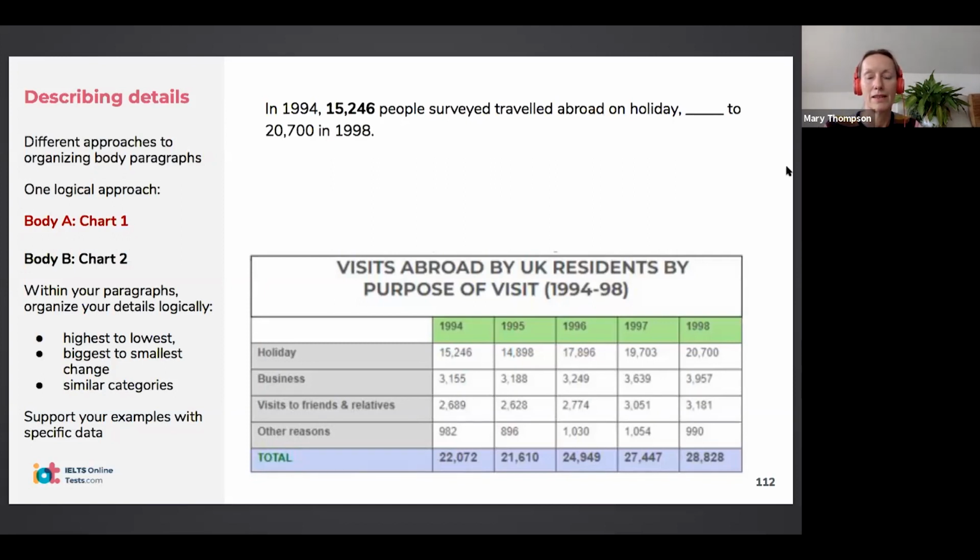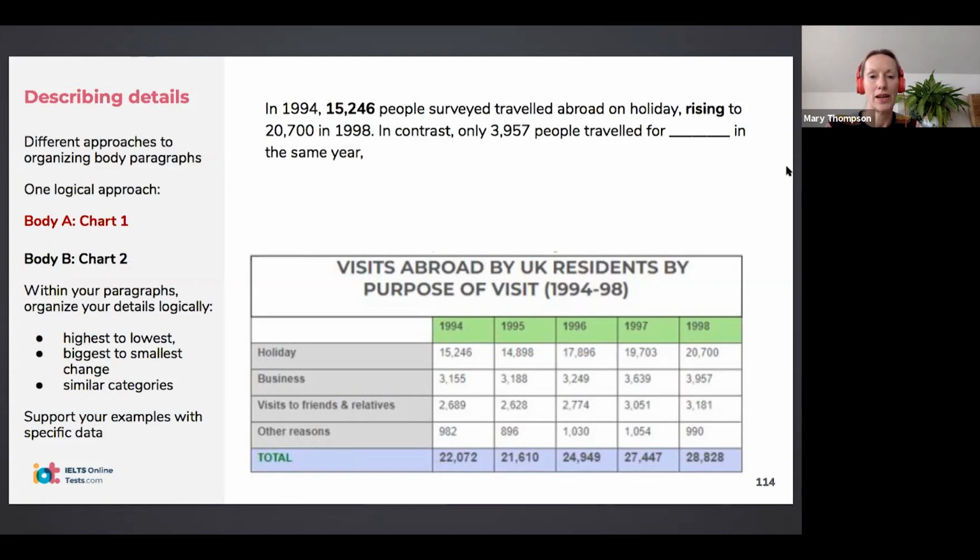Okay, and something to 20,700. You need to, yeah, you're getting the right verb, most of you, but you just need to get the right form. So it should be an ing, okay, rising to. So not raising, rising. Or increasing, yes, you need ing there.